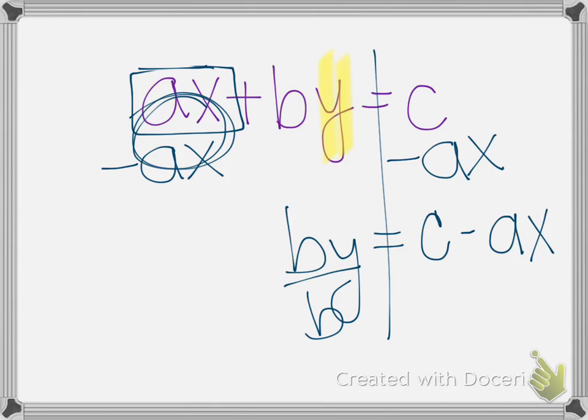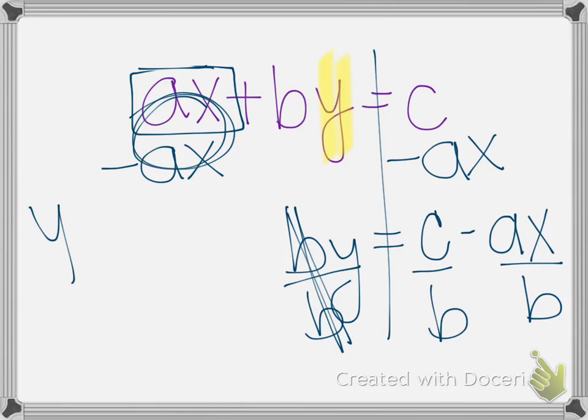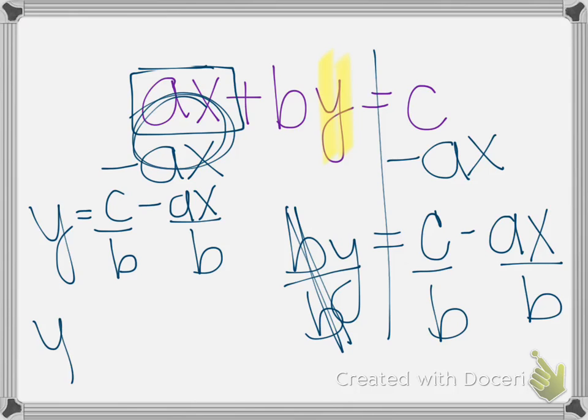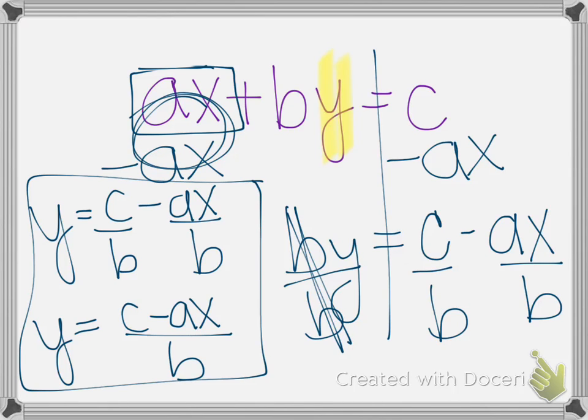You can write it dividing each term individually. So we'll have y equals c minus ax, okay, c over b minus ax over b. Or we could have just y equals c minus ax all over b. These 2 things are the same, and so both of them work.